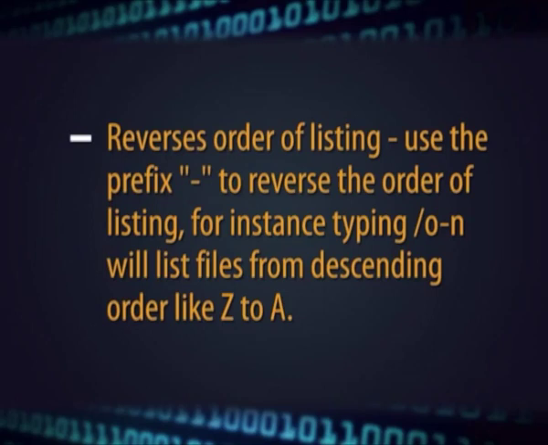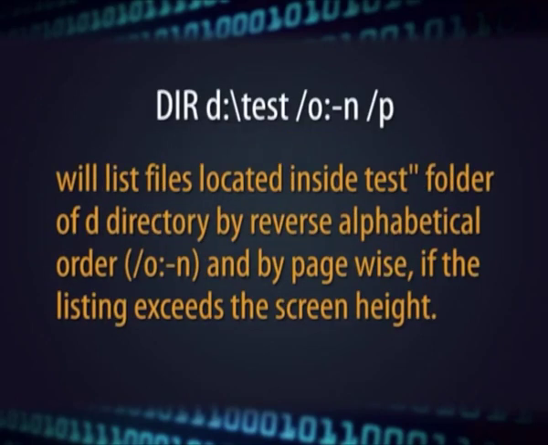For instance, typing /o-n will list files in descending order, like Z to A. For example, dir space d:/test space /o:-n space /p will list files located inside the test folder of D directory in reverse alphabetical order, and page wise if the listing exceeds the screen height.